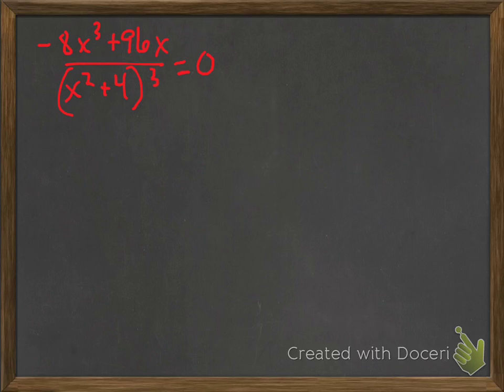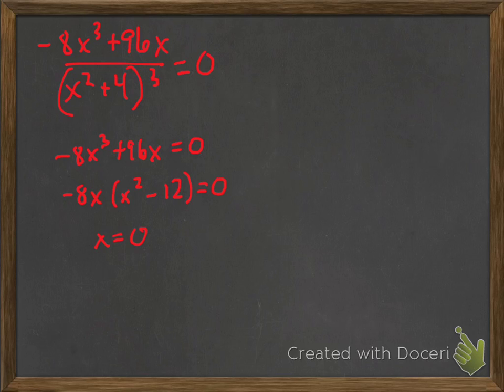And now we need to solve for 0, so negative 8x cubed plus 96x is what's going to make this 0. It will never be undefined. So take out a negative 8x and leaves you with x squared minus 12.